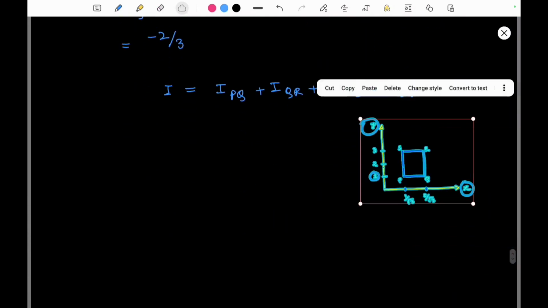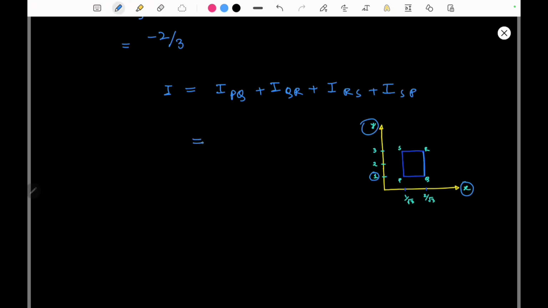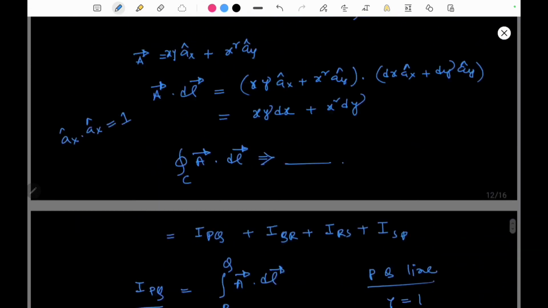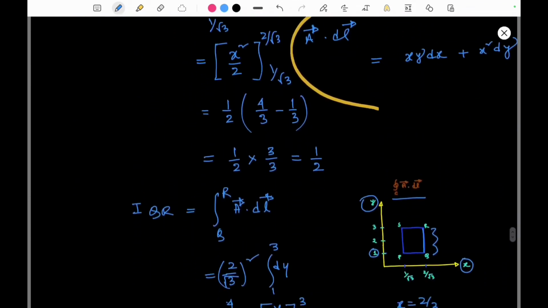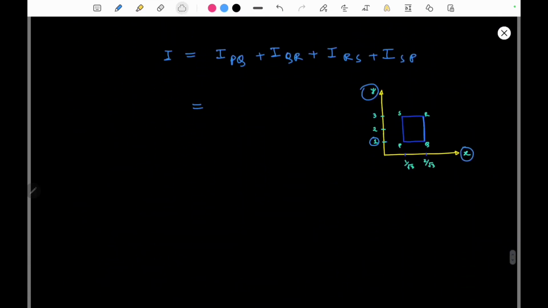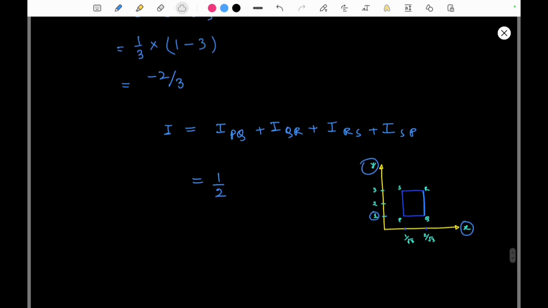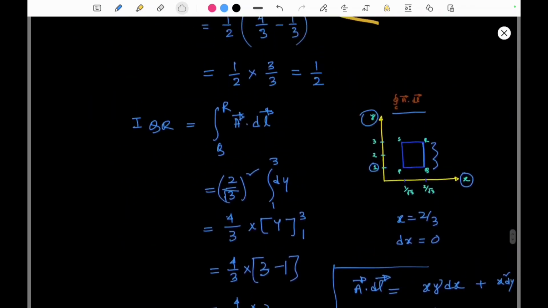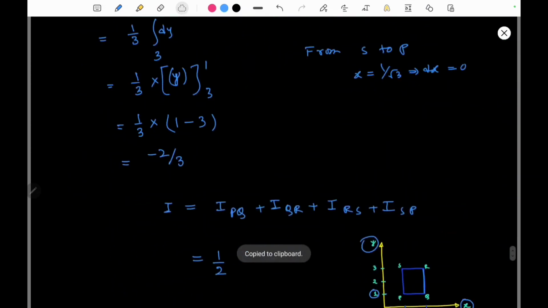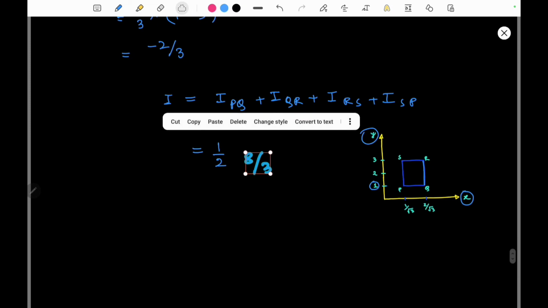So we can write first integration throughout the line PQ. So what we got here, okay, we got half. So let's copy and paste here. Then QR we got 8 by 3. So we can paste here.